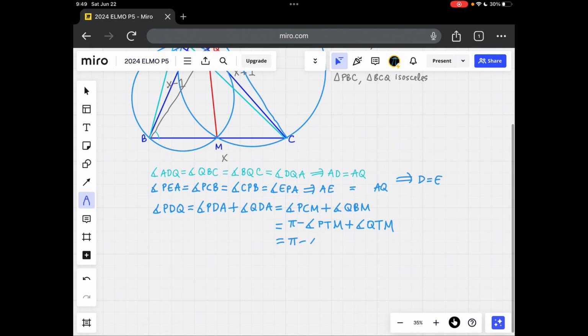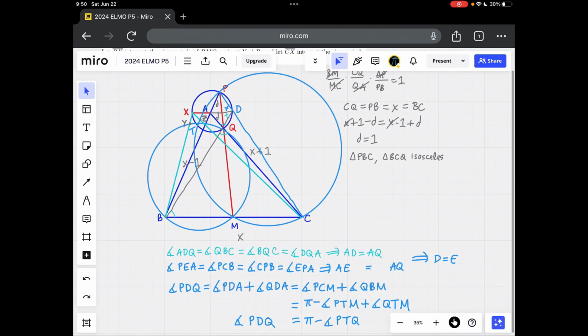And this is just equal to pi minus angle PTQ. And we know from earlier that this is equal to angle PDQ. So we have angle PDQ equals pi minus angle PTQ. So that also implies quadrilateral PDQT is cyclic, and T lies on the circumcircle of PDQ.